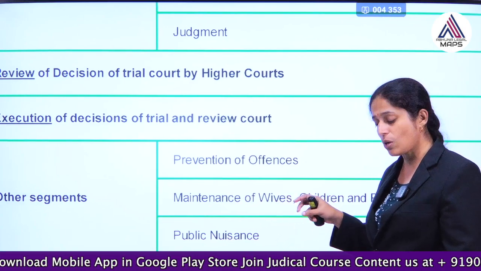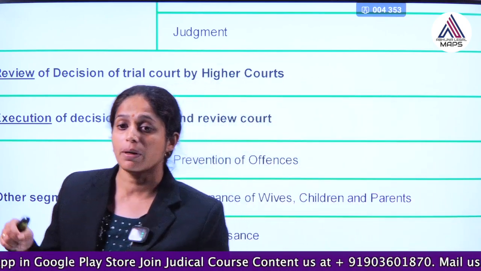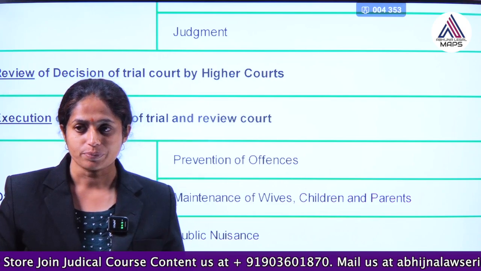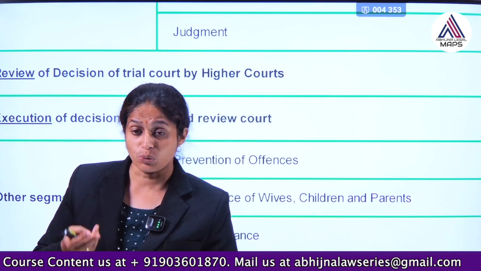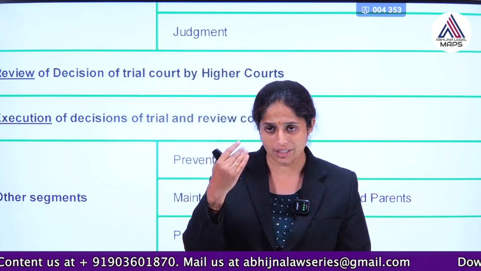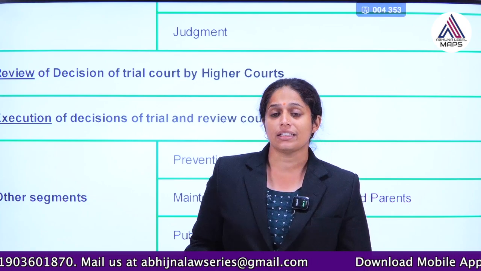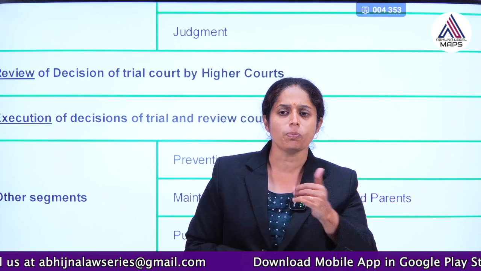In public nuisance, the magistrate, that is the district magistrate, has the power to issue a conditional order for removal of the nuisance. He can issue some prohibitory order, section 144, a very famous section under CRPC, right. Or section 133, the public nuisance section. So, they have certain powers to remove public nuisance.